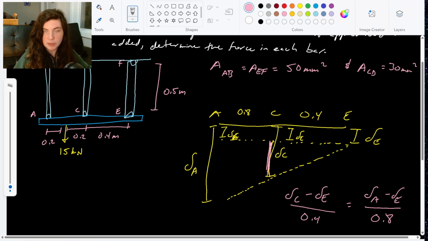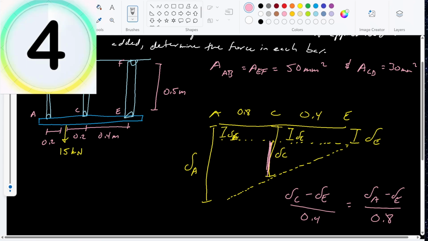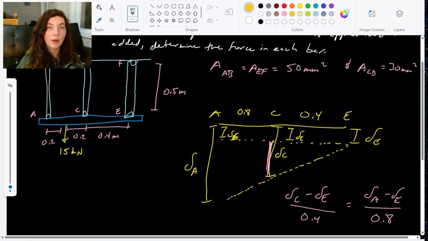So having this displacement equation, go ahead and see if you can solve for the forces in each of those three rods. From here, I'll briefly go through how we would solve this. I did give you the displacement diagram, but I skipped the very first step, which is the equilibrium equations.